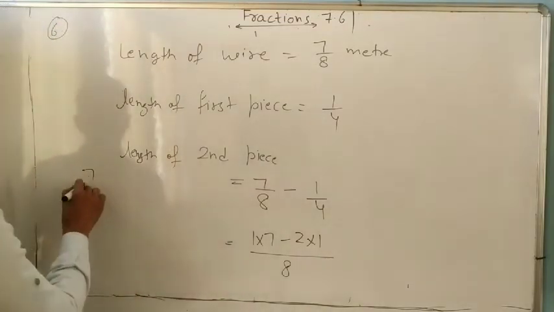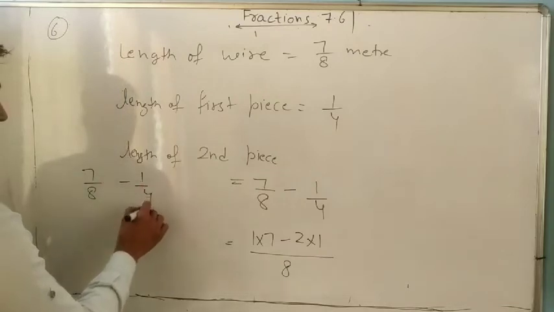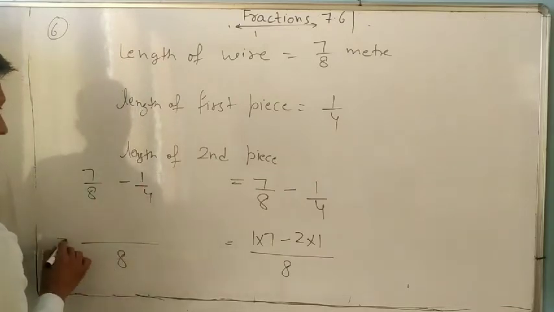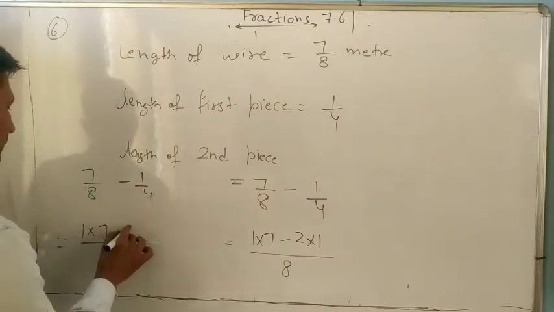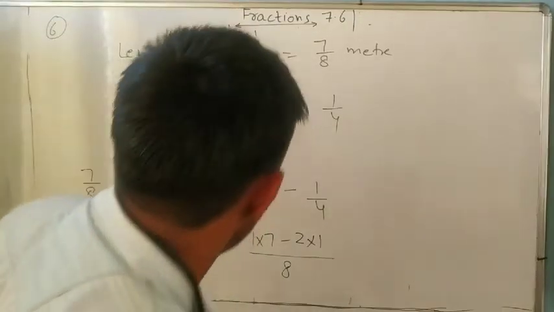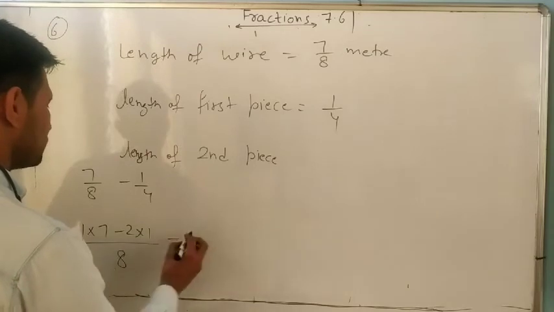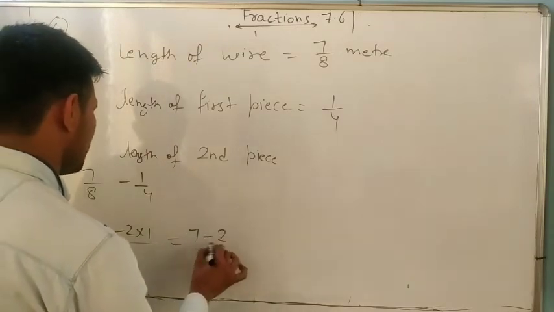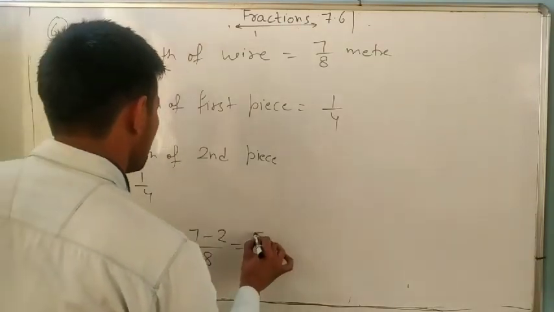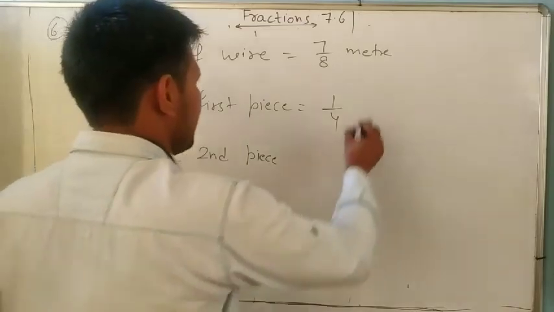So 7 by 8 minus 1 by 4 equals 1 into 7 minus 2 into 1, over 8. So the length of the second piece is this one. Now 7 minus 2 divided by 8, so it is 5 by 8.